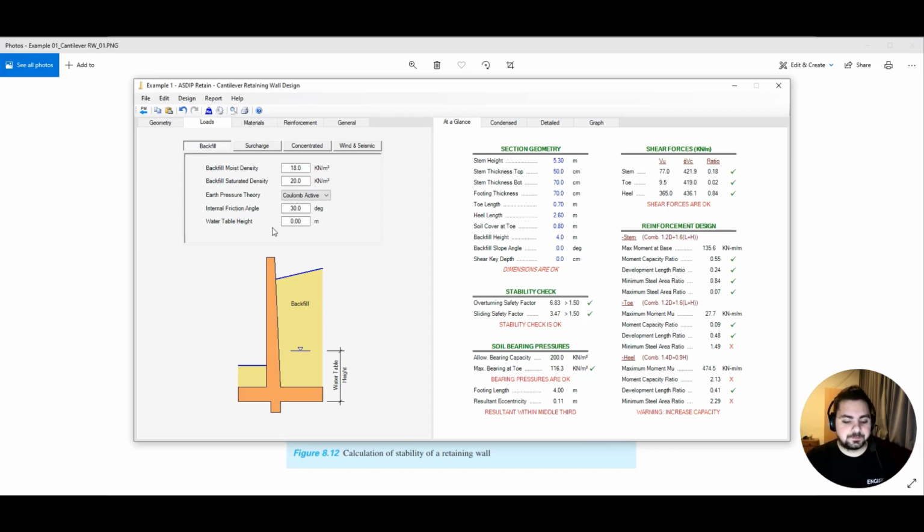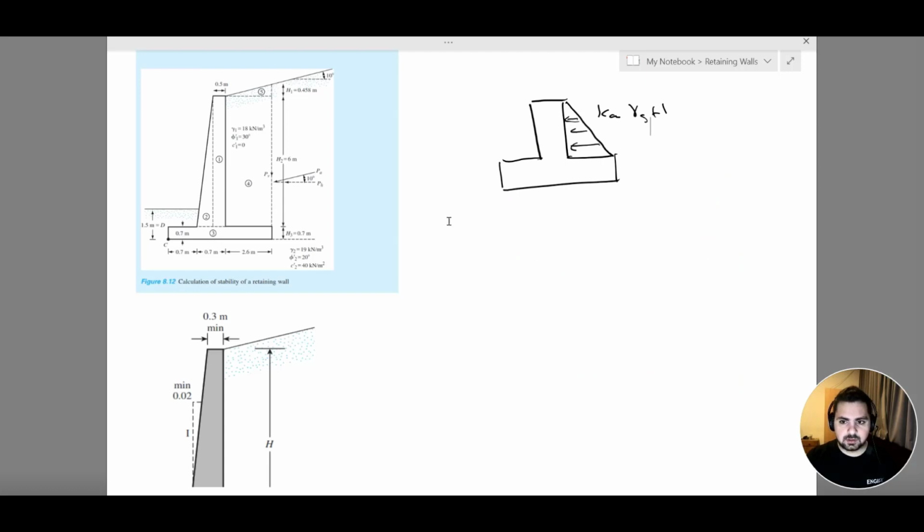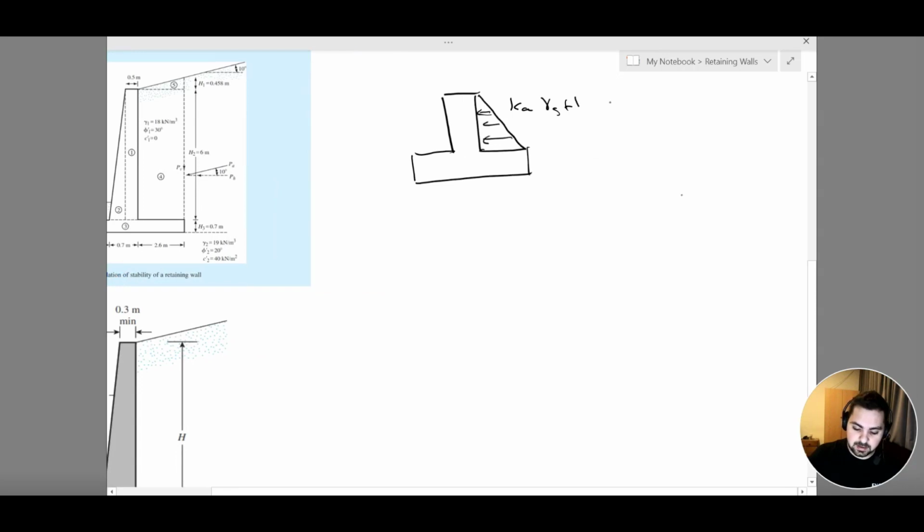Because we said that we have our backfill pressure, that is Ka gamma s H. Now if we have a water table, we are going to have a water pressure in addition to my backfill pressure, or my active pressure, and my water pressure is going to be equivalent to gamma water times H. So this is why it is very important to pay attention to my water table result.